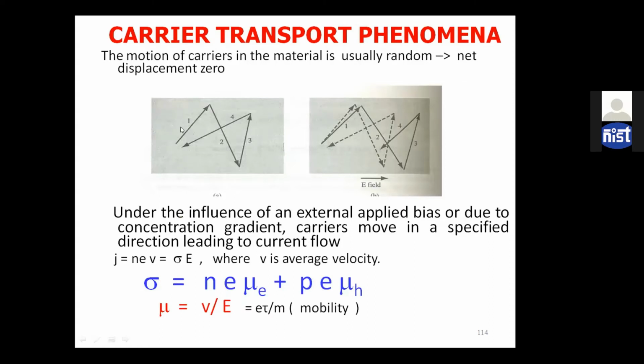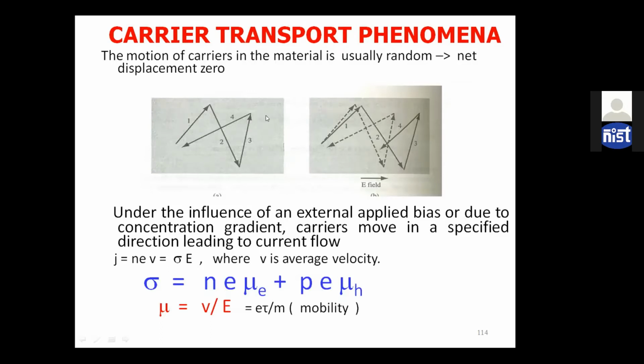The motion of an electron in a crystal is very fast, of the order of 10 to the power 7 centimeter per second.